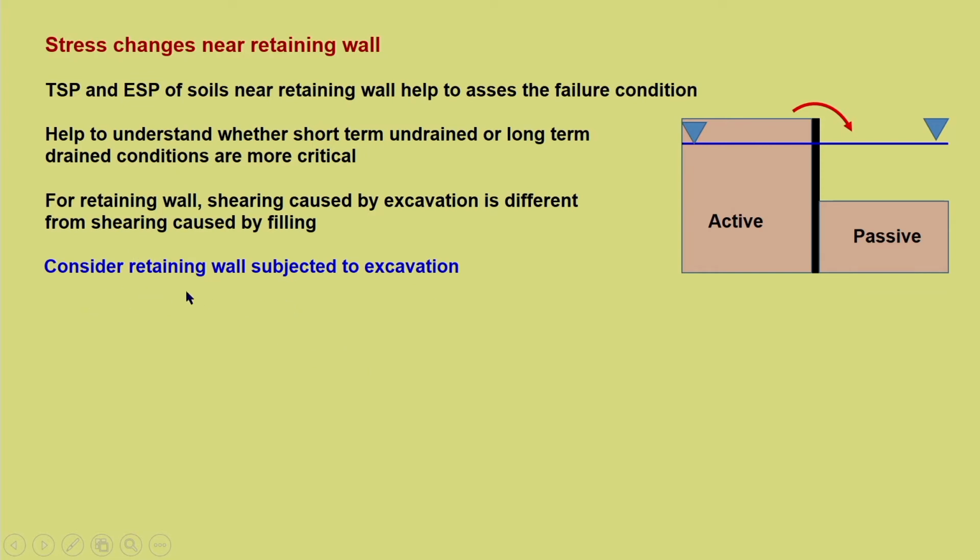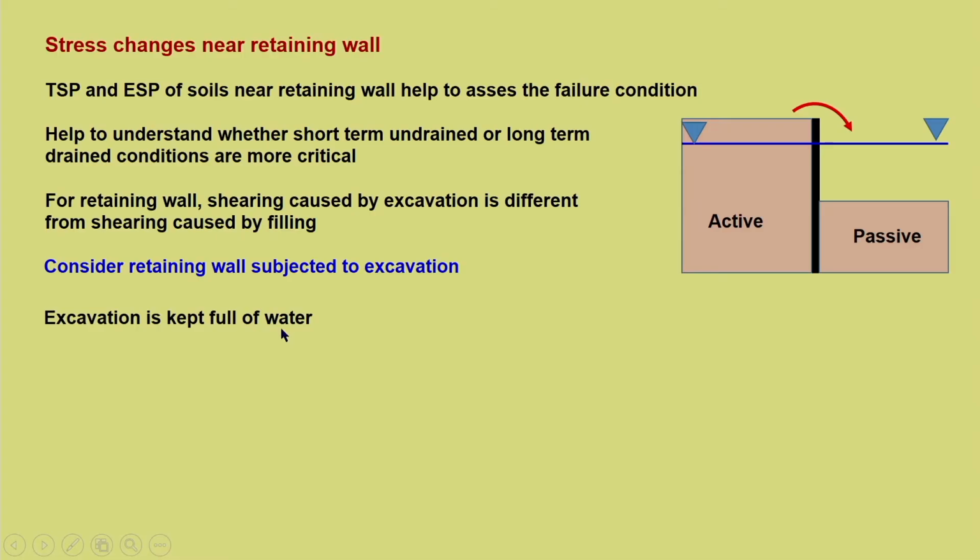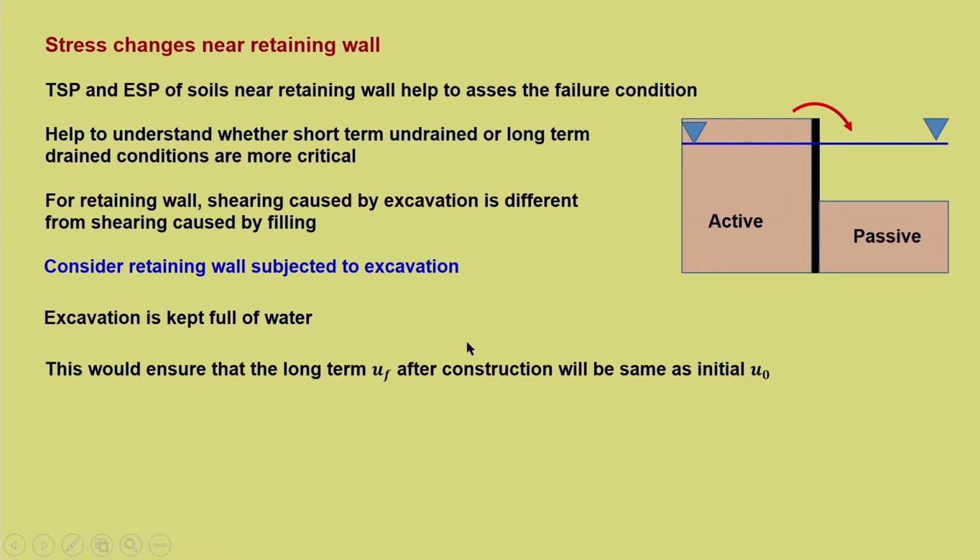So, let us first consider a retaining wall subjected to excavation. We have already seen an example of slope excavation, so it is more or less very similar to that. The excavation is kept full of water. This is what it means: to make sure that the final equilibrium pore water pressure is comparable to the initial pore water pressure U naught.